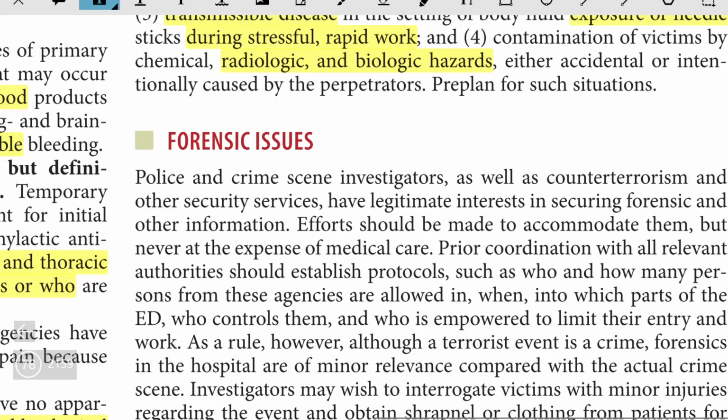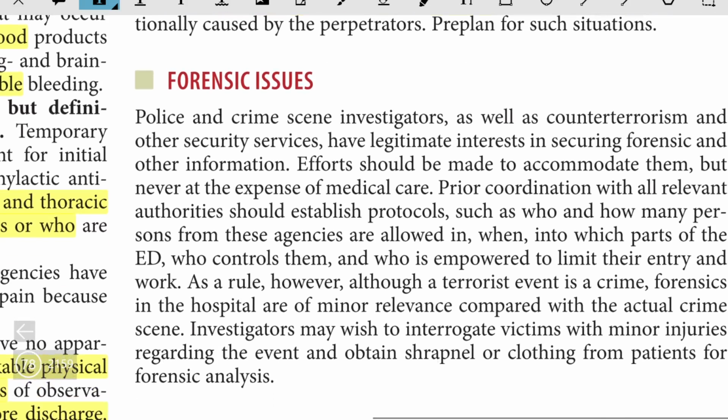Police and crime scene investigators as well as counterterrorism and other security services have legitimate interests in securing forensic and other information. Efforts should be made to accommodate them, but never at the expense of medical care.